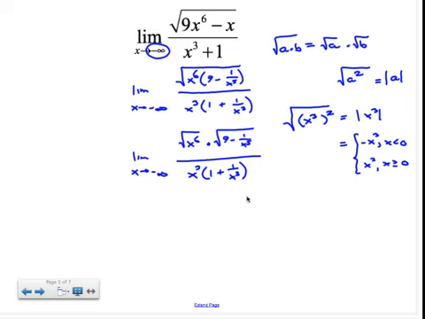So if I'm going to replace the square root of x to the sixth with something, I need to ask myself, where's my x value being evaluated? And since it's being evaluated at negative infinity, that means x is less than 0. So this actually becomes a negative x cubed. Okay, and that's very uncomfortable in the beginning here, but there's some little pre-cal in there that can be reviewed if necessary.